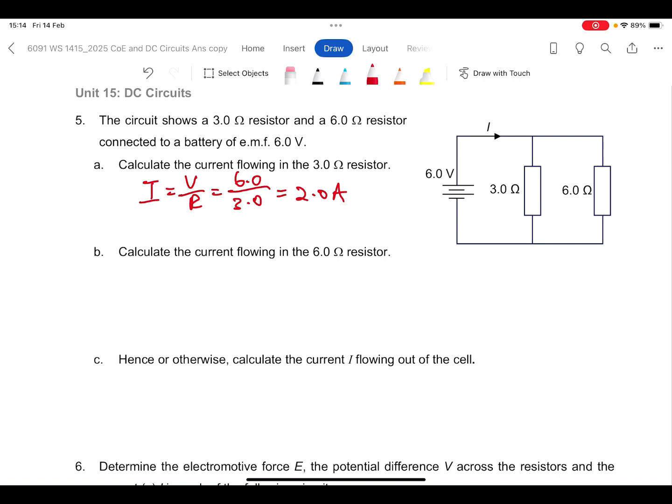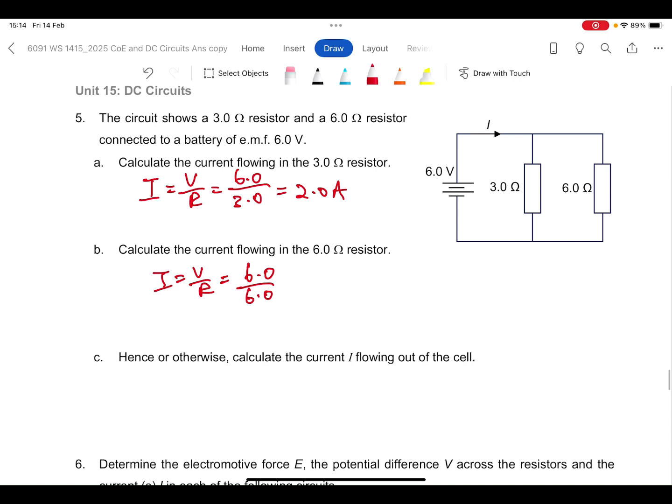Then the current flowing in the 6 ohm resistor, I equals V over R again, now 6 divided by 6. Because V is constant, you're always using 6 volts. Now it's divided by the 6 ohm, so you get 1.0 amperes.